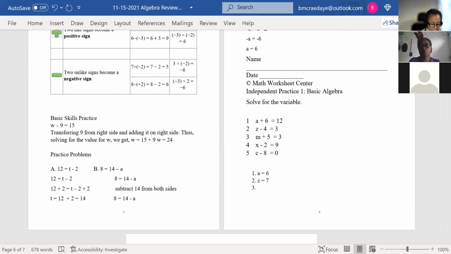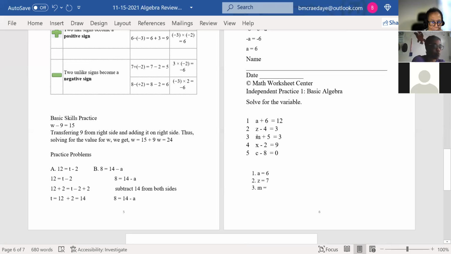Now 3 is M. M plus 5 is equal to 3, Maureen. What is M equal to? How are you getting 18? Yeah, it's adding. M plus 5 is equal to 3.